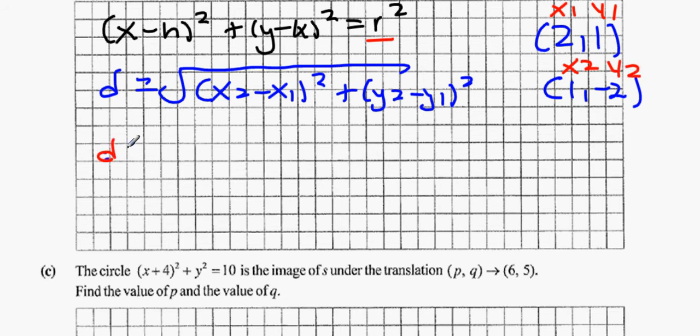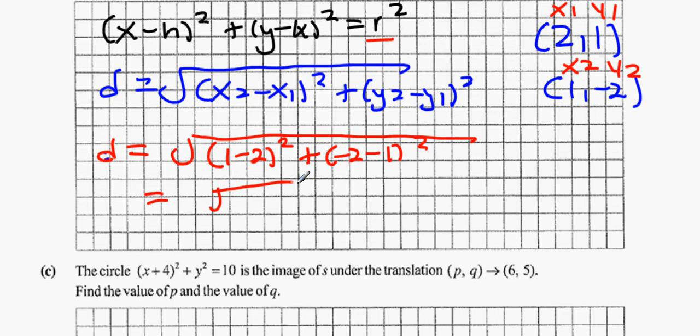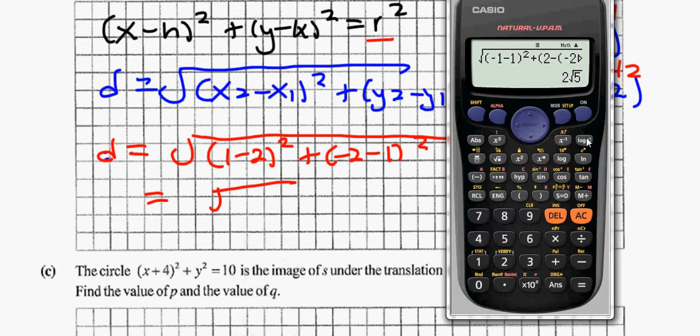So the distance will equal, x2 is going to be 1, so 1 minus 2 squared plus minus 2 minus 1 squared. And when we put this into the calculator, what we should get is the following.